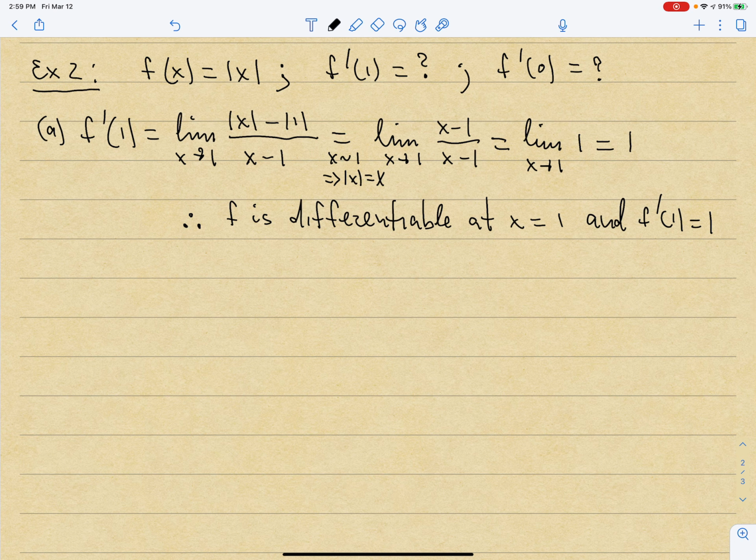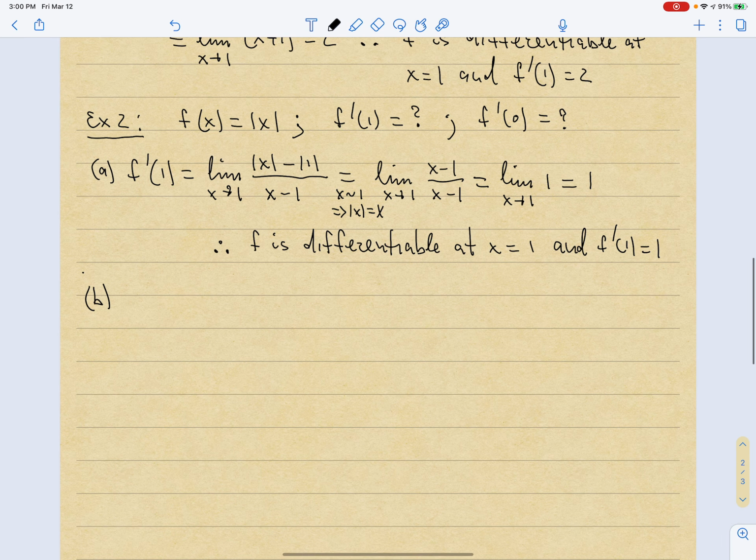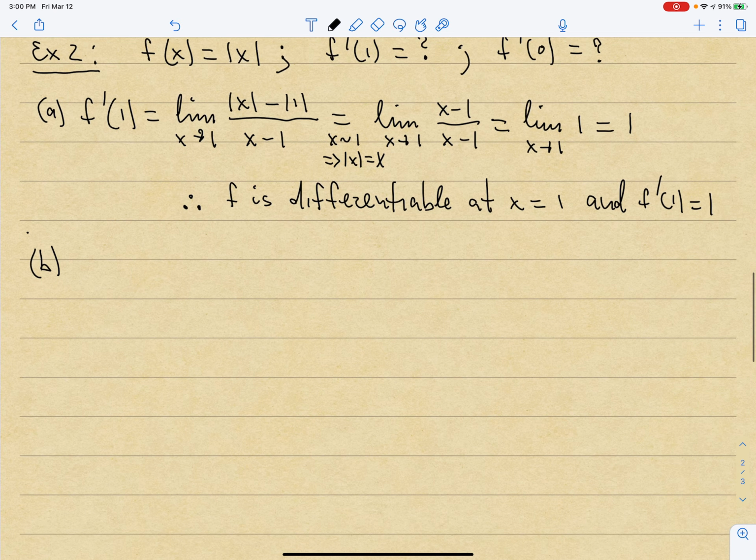Part B. Let's do the same thing at 0. What is f prime of 0, right? That should be basically a very similar expression.